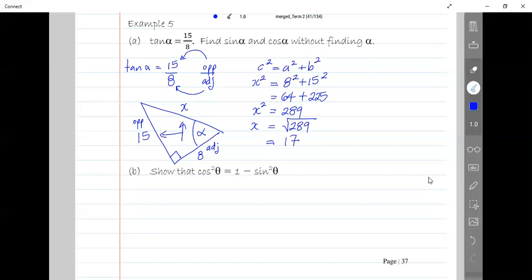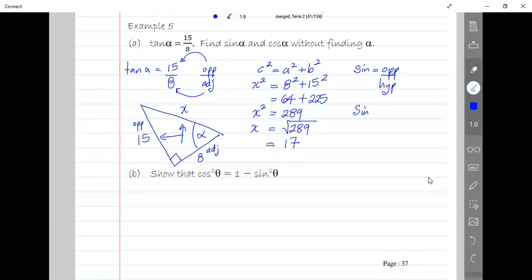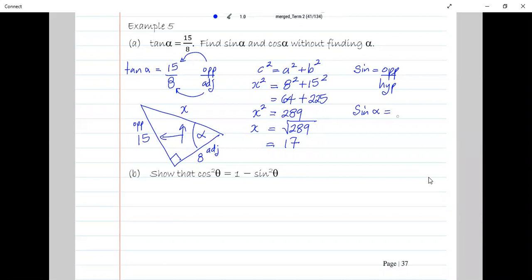Once I know the hypotenuse, I can find sine and I can find cosine. So sine is opposite over hypotenuse, and so the sine of alpha is opposite 15 over hypotenuse 17.